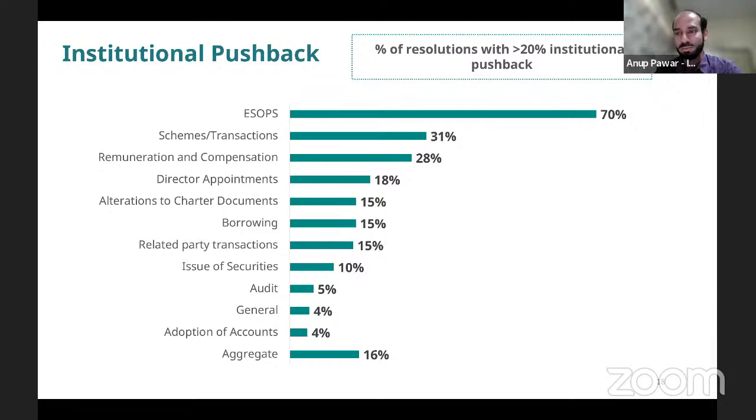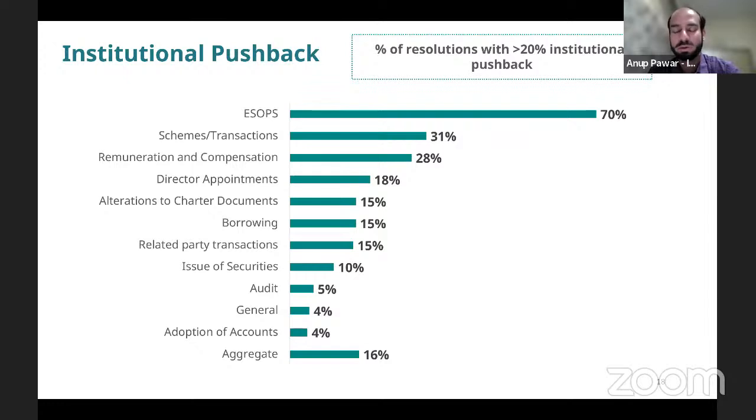This is, to me, the most interesting kind of chart that we have. So how to read this chart is simple. This is percentage of resolutions where institutional pushback, which means pushback by institutional investors, where institutional investors have voted against, is greater than 20%.